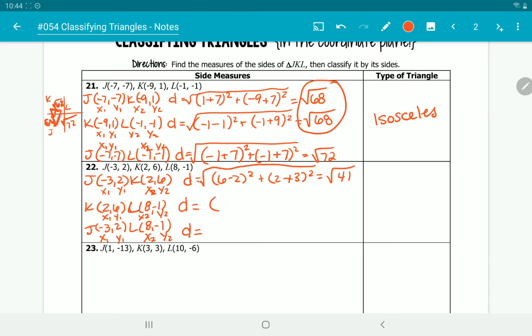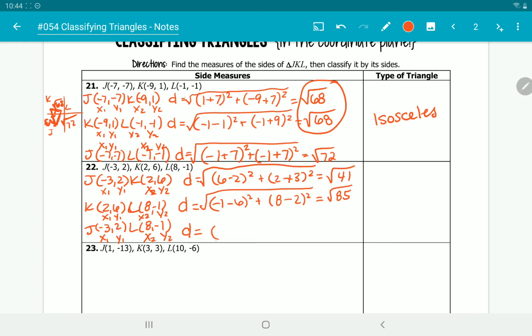Okay? Again, y2 minus y1 is -1 minus 5, 6 squared. x2 is 8 minus x1 is 2 squared. If we put a square root around it, we just type in whatever's underneath the square root in the calculator. We're going to get 85. And we're just going to put the square root over top of it.